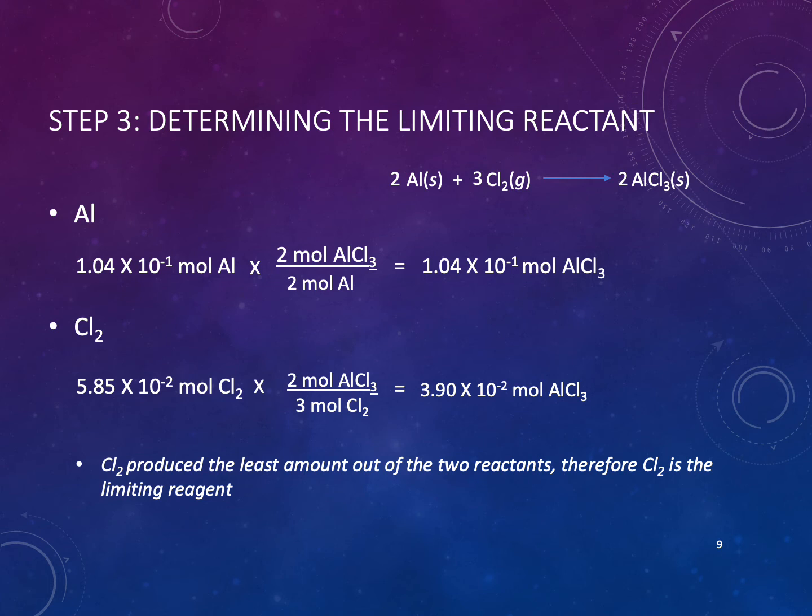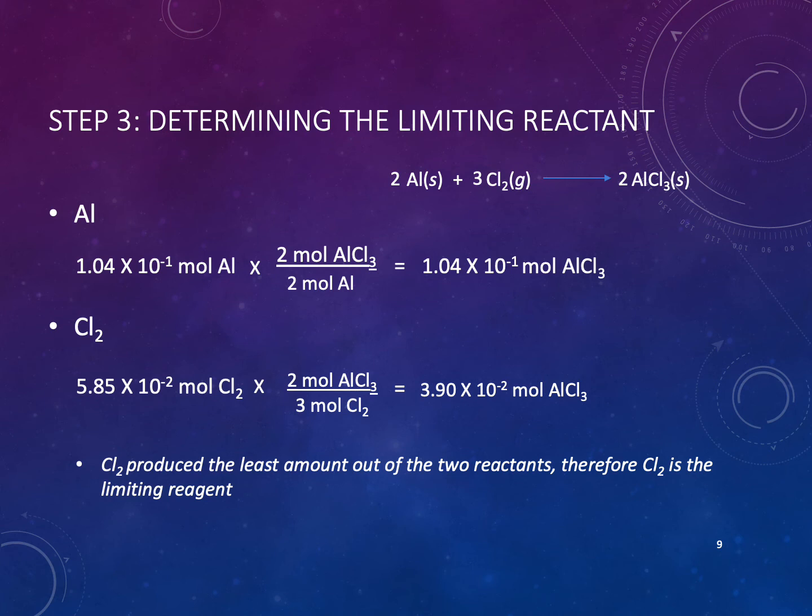So now we're moving on to step 3, which is determining the limiting reactant. I provided the balanced equation, because we're going to be multiplying the moles of both reactants by the mole ratio to see which reactant gives us the most product, which is aluminum chloride.